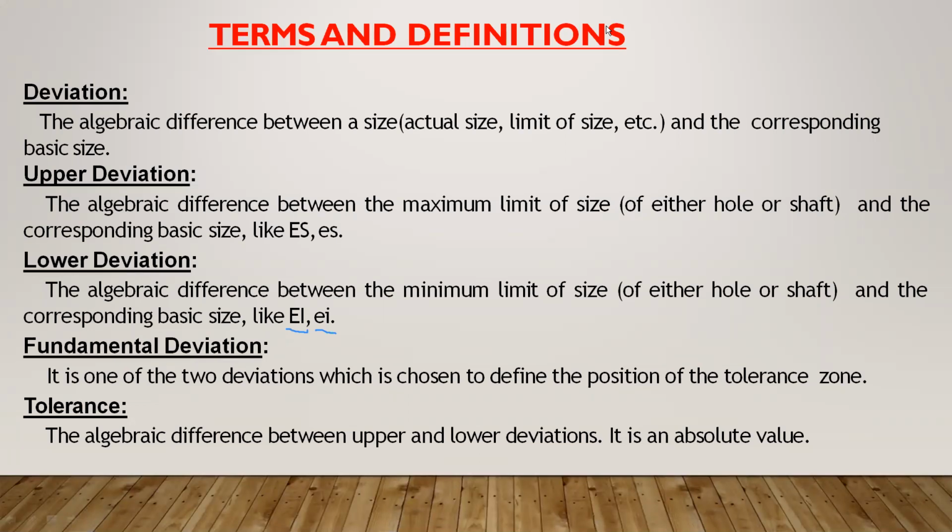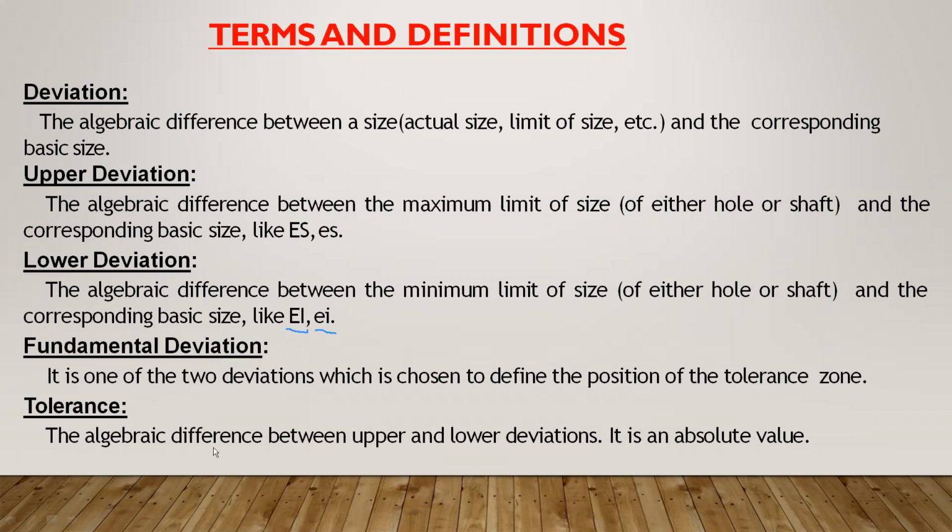It is the one of the two deviations which is chosen to define the position of the tolerance zone. So that is called the fundamental deviation.